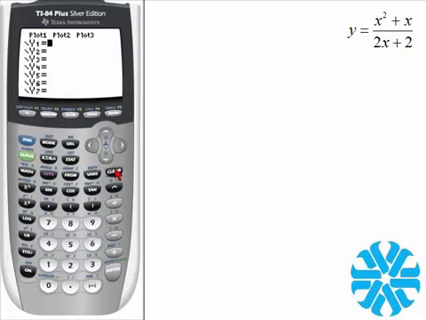Let's go ahead and graph x squared plus x, and that's divided by 2x plus 2. Again, notice that I put grouping symbols around the expression in the numerator and around the expression in the denominator. It's very important that you do that.